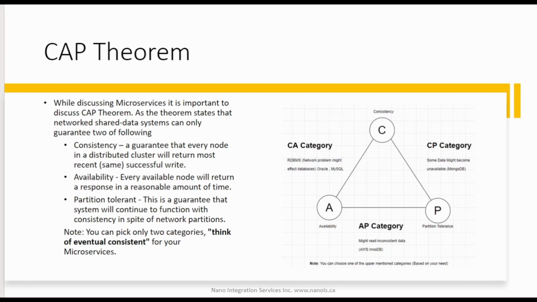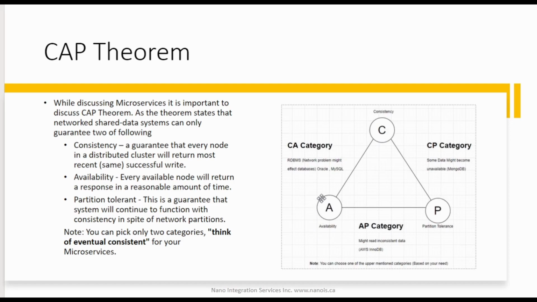Availability means every available node will return a response in a reasonable amount of time. And partition tolerance is a guarantee that the system will continue to function in spite of network partition. Now, you can pick only two categories. Think of eventual consistency for your microservices.